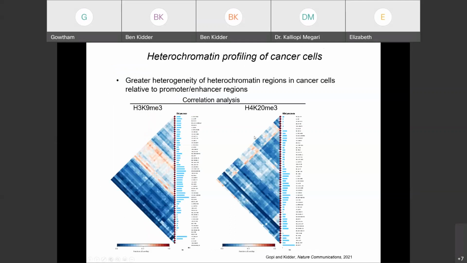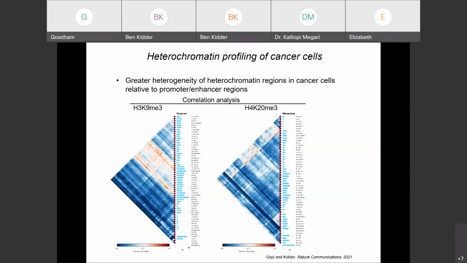Okay, so I'm just going to mention, beyond the active profiling of H3K4 trimethylation and H3K27, which mark the promoter and enhancer region respectively, we also looked at heterochromatin profiling, essentially looking at repressed chromatin.